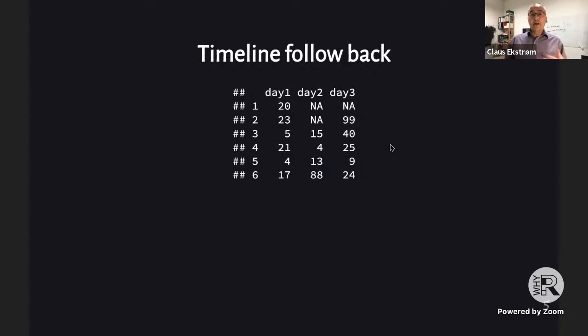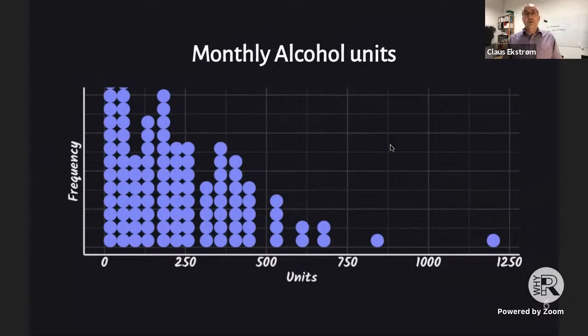So after doing a bit of cleanup here, we were quite happy, and then we tried to summarize the number of monthly alcohol units that each of the individuals in the data set were drinking. On the x-axis, you have the number of alcohol units, so it's roughly the number of beers taken in by the patients over a full month.